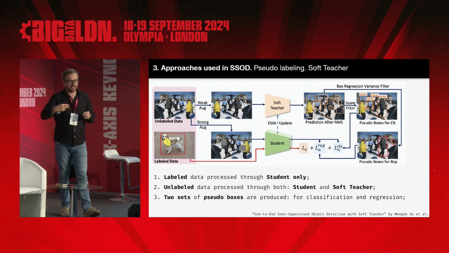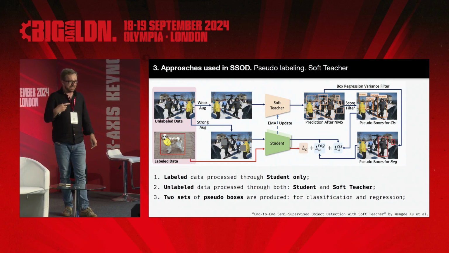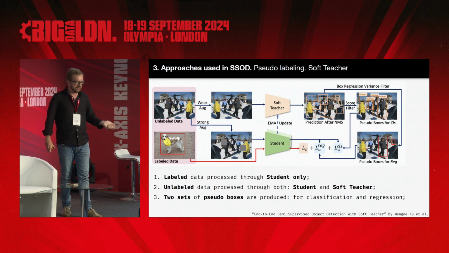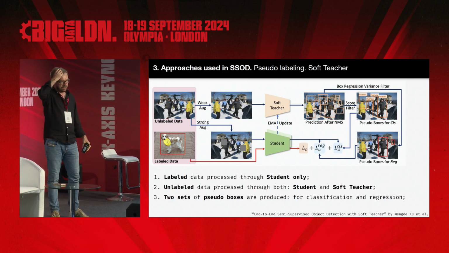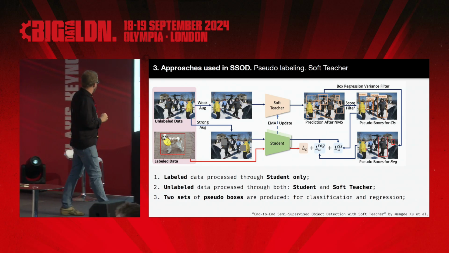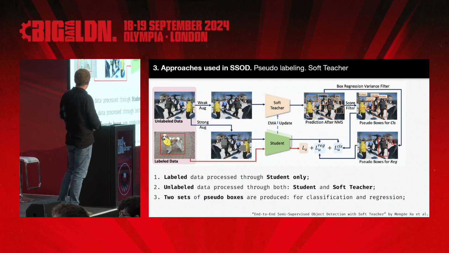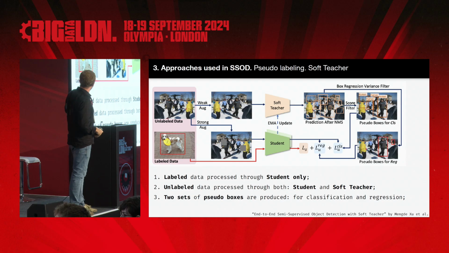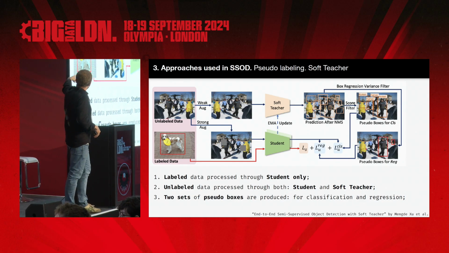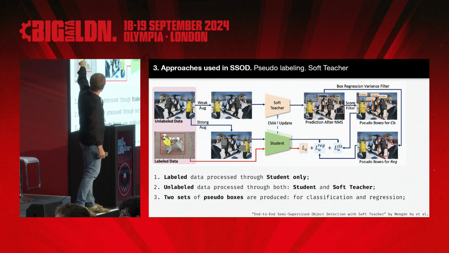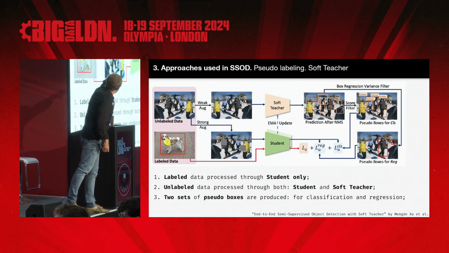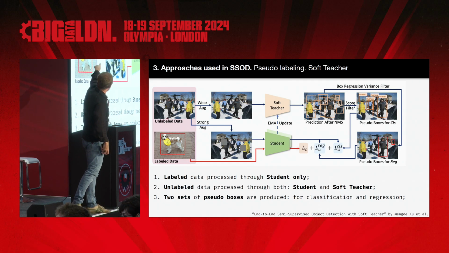Okay, soft teacher. Its idea came from the paper mean teacher for classification. The idea here is like this. We have our labeled data, we have our unlabeled data. Labeled data we just process through the student. Unlabeled data we process through our soft teacher and through the student as well, using different augmentation.